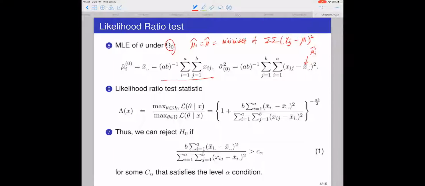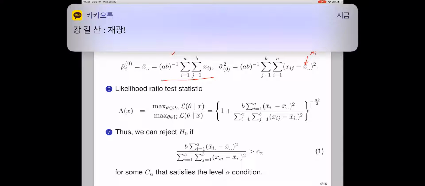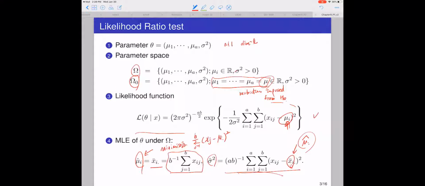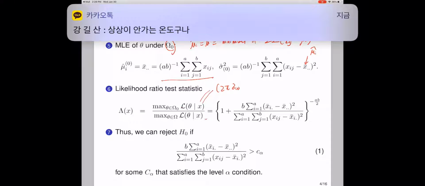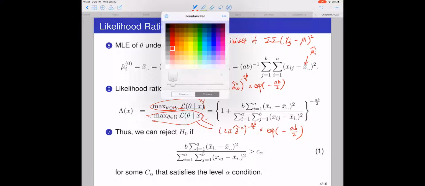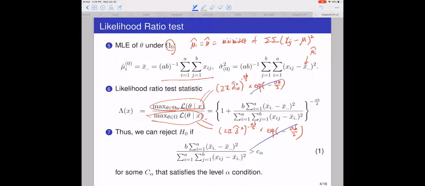So basically the ratio between the two becomes 2 pi sigma 0 hat squared to the power minus AB over 2 times exponential minus AB over 2, and the denominator is the same with sigma hat squared. So you can see that the ratio, they cancel each other, 2 pi cancels, and the only thing left is just the ratio of this variance component, and you can obtain this.